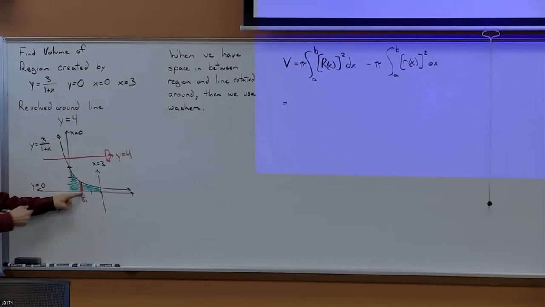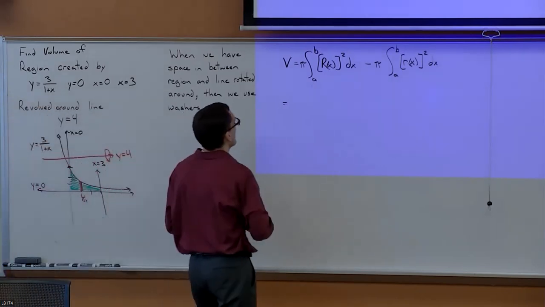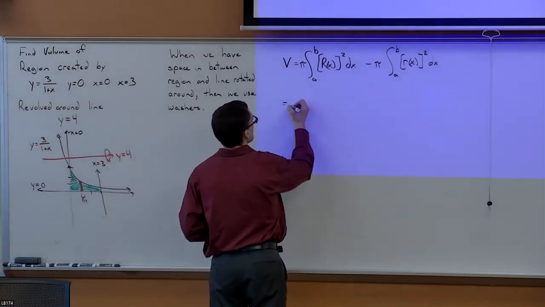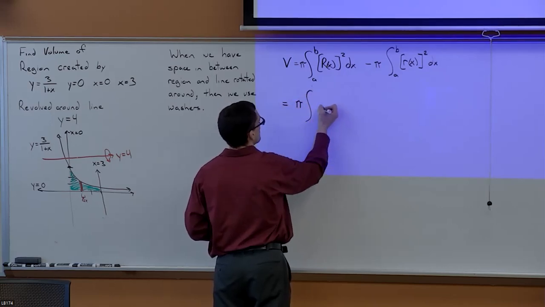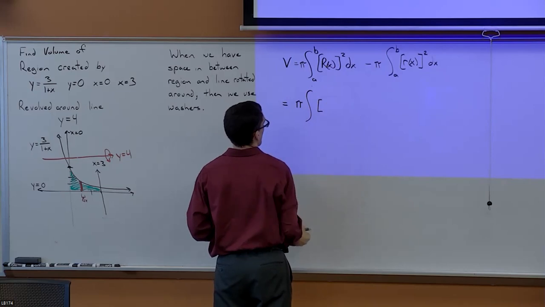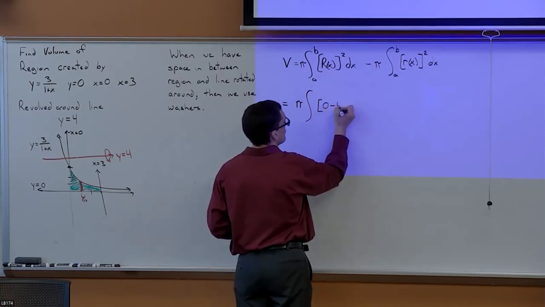Everybody follow that? Because that's the one that's further away from y equals 4. Now, here's a little nice thing about the disk method in general. We're going from 0 to 4.